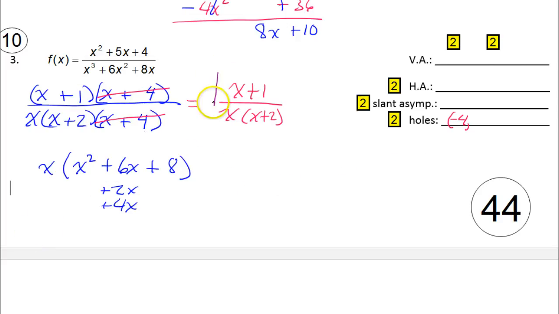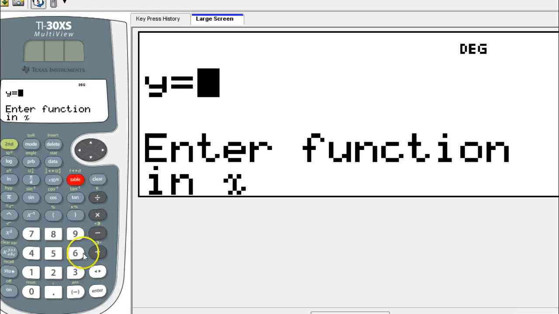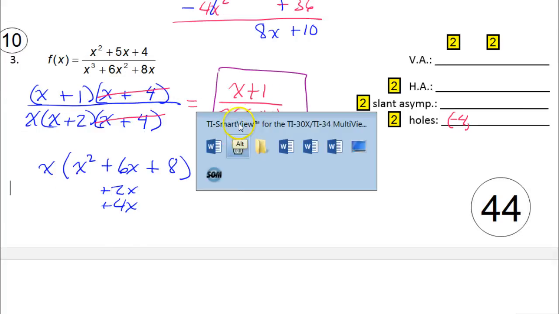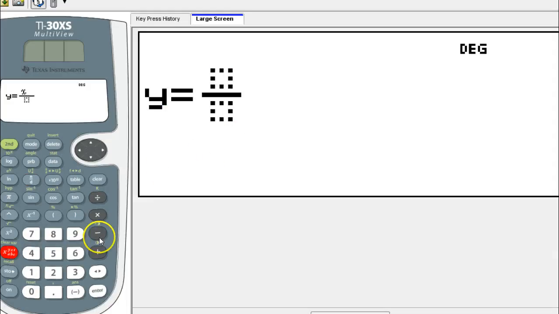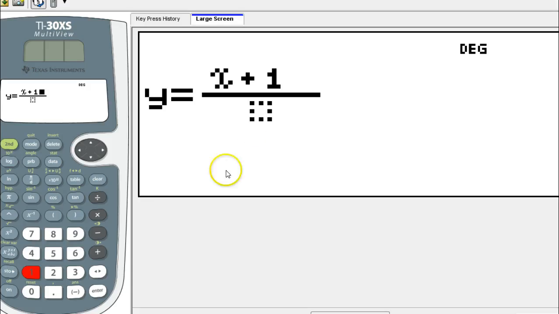So look at this surviving equation. Let's put this in our calculator and use it to evaluate the function at negative 4. Now, I could take this negative 4 and plug it in right now, but I think it would just be simpler to use the calculator. So we could make our little fraction, x plus 1 over x times x plus 2.